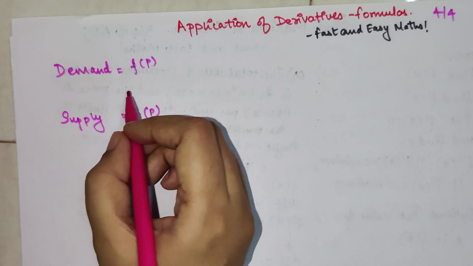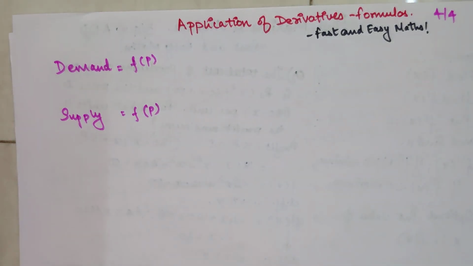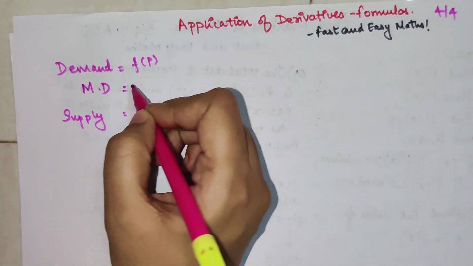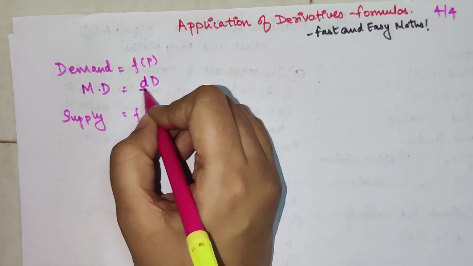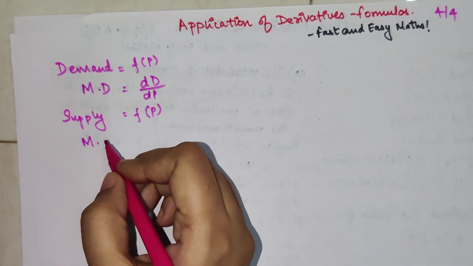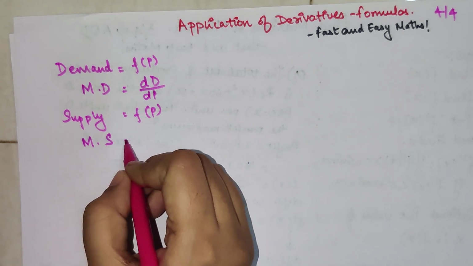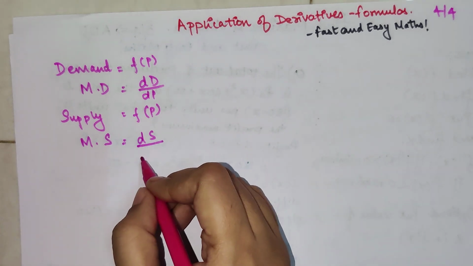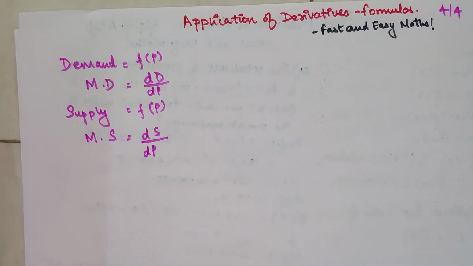So understand students, in this entire chapter, whenever they give you the word marginal, it means nothing but just finding the derivative of your entire equation given. So if they ask you for marginal demand, you just need to differentiate your demand with respect to price. Similarly, if they ask you to find marginal supply, you just need to differentiate your supply equation with respect to price.